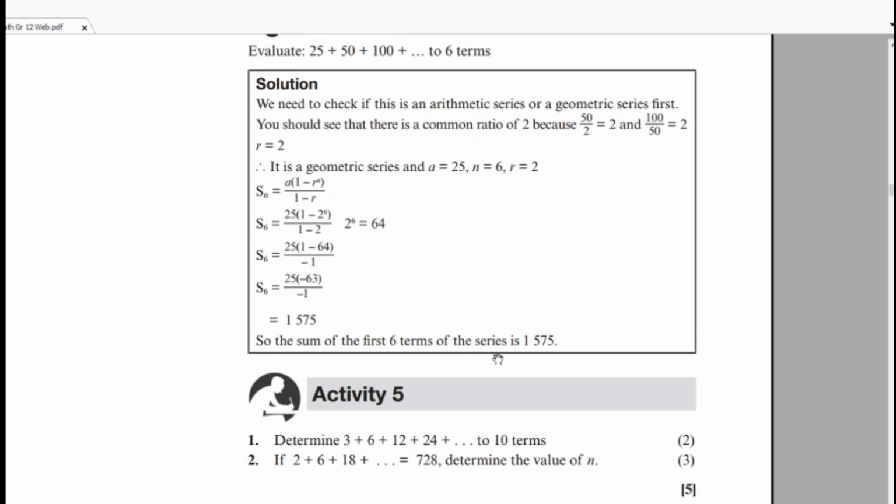If a question is a challenge, it's when they combine an arithmetic and a geometric sequence in one, right? That's where it can be tricky. But the other questions you should be able to answer.